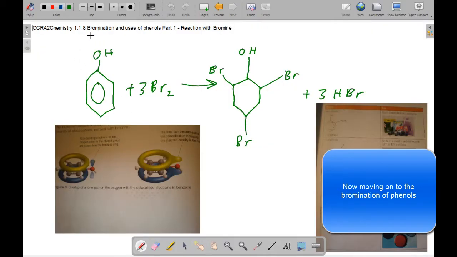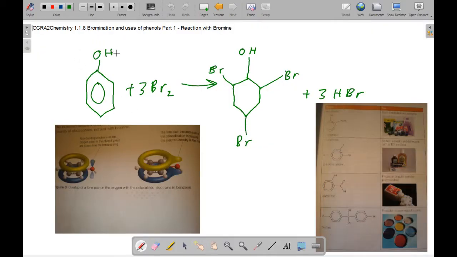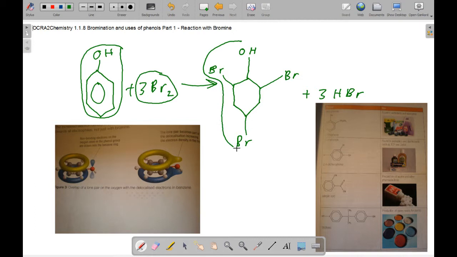Okay, so now we'll go through bromination and the uses of phenols. So the bromination of phenols is quite simple. If you get a phenol and 3 diatomic molecules of bromine, this will happen. 3 bromine atoms will bond to the phenol, and 3 moles of hydrogen bromide will be produced.